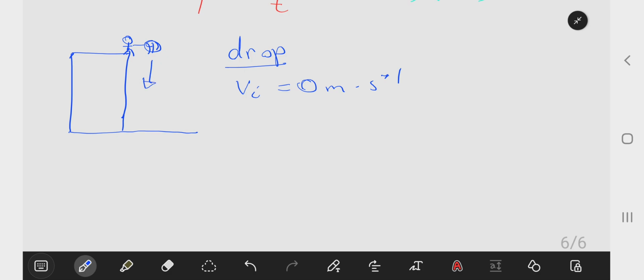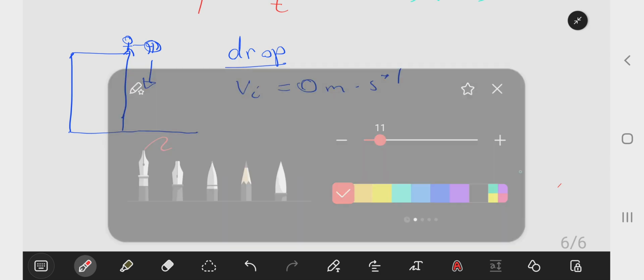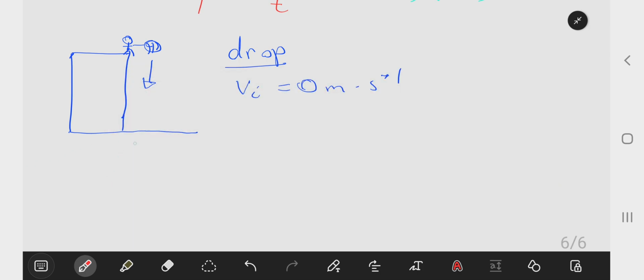For this particular question, I'm going to choose upward as positive first. So upward is positive. Let me look at my graph. I'll have the velocity on the y-axis and the time on the x-axis.